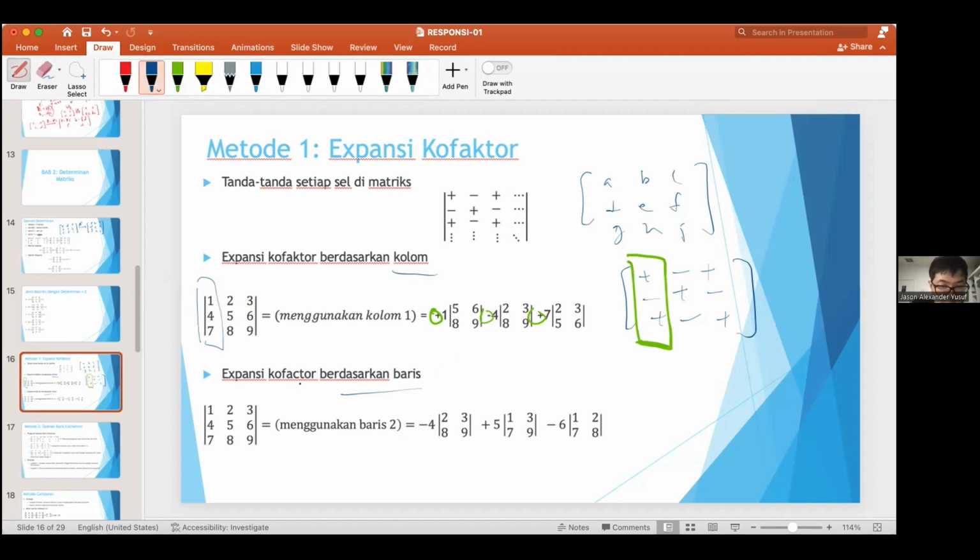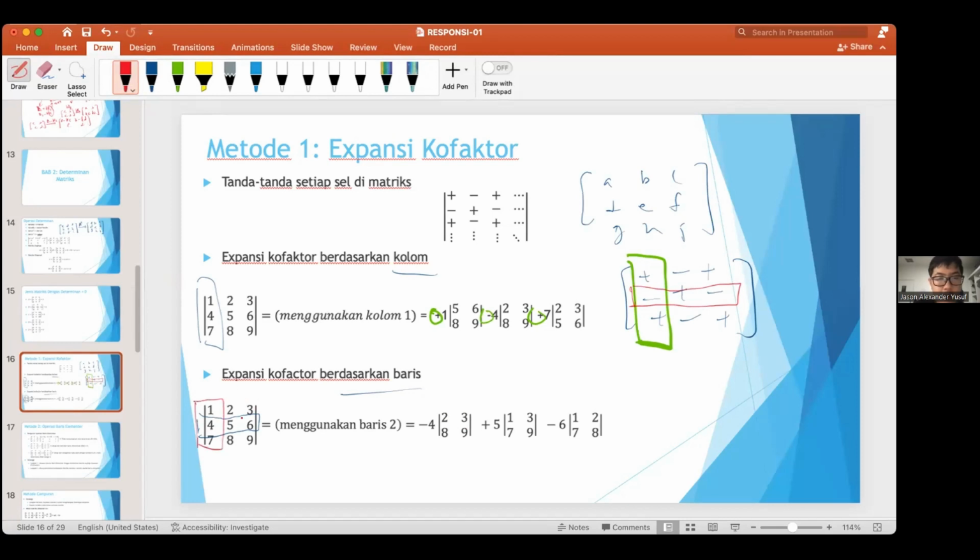And next is based on the row. Let's say this time we use row 2, which is this one. Which signs do we use for row 2? This one. The same process applies here. How do I get 2, 3, 8, 9? Just draw a box with the first row.